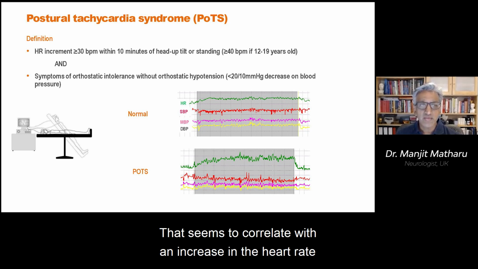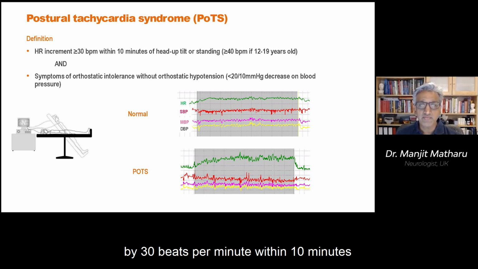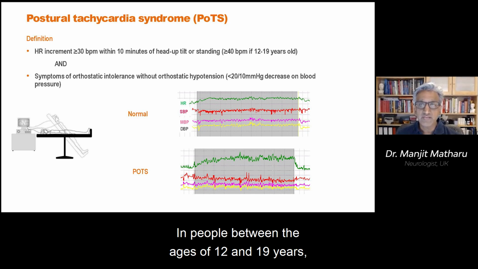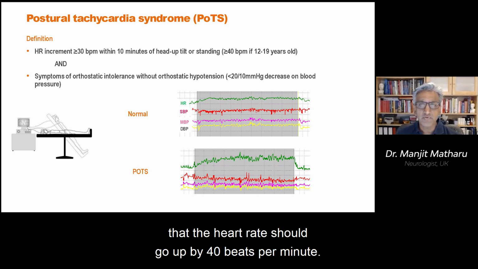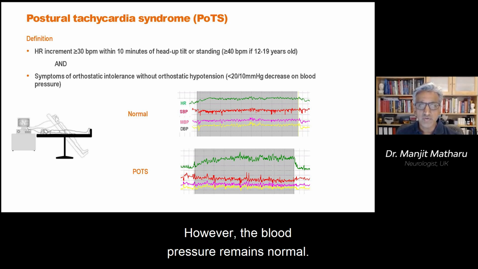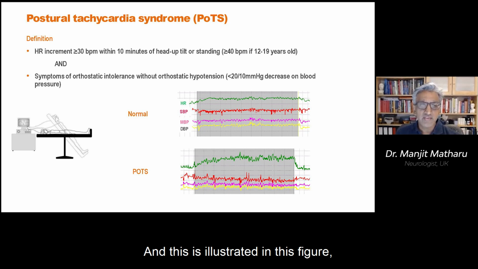This seems to correlate with an increase in the heart rate by 30 beats per minute within 10 minutes of assuming the upright position. In people between the ages of 12 and 19 years, the diagnostic criteria require that the heart rate should go up by 40 beats per minute. However, the blood pressure remains normal, and this is illustrated in this figure showing the results of a tilt table test.